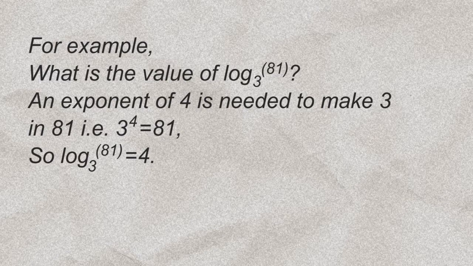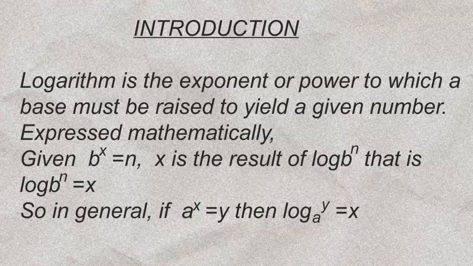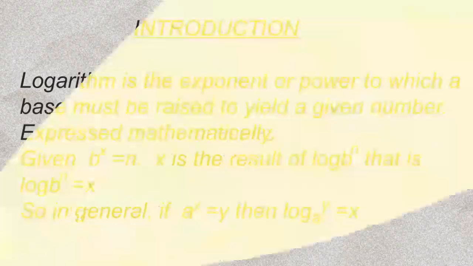So log of 81 base 3 will be equal to 4. Remember the definition we gave logarithm, that logarithm is the exponent or power to which a base must be raised to yield a given number. So that value will be equal to 4.